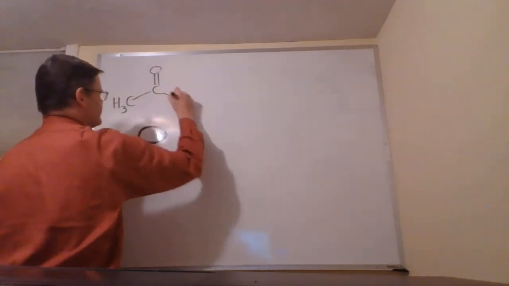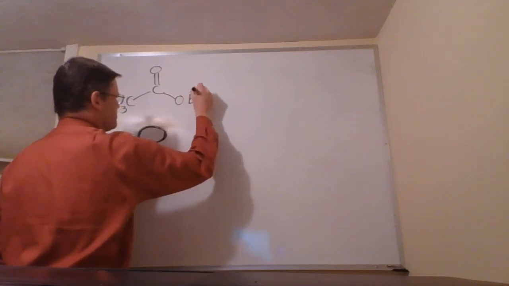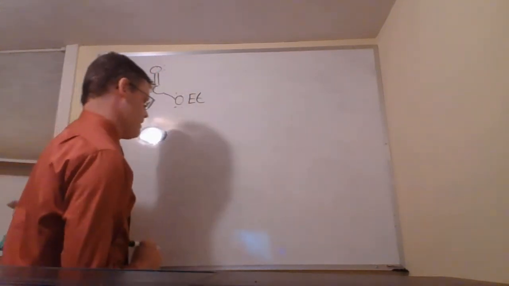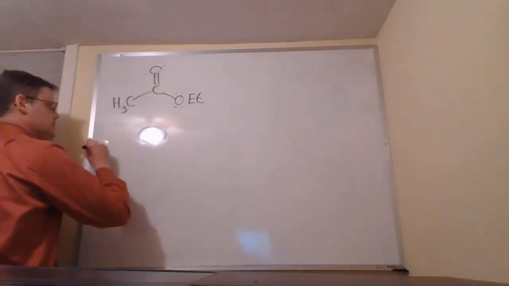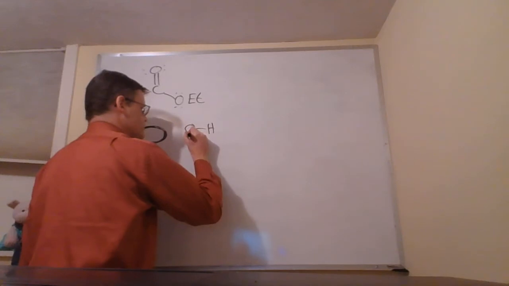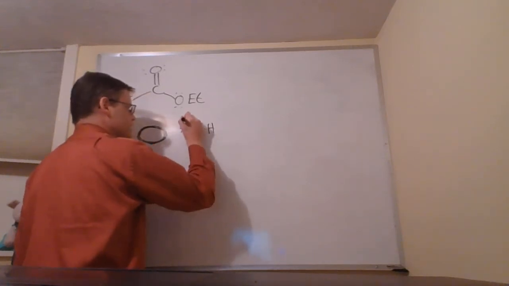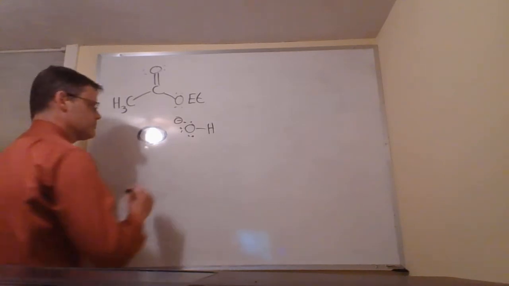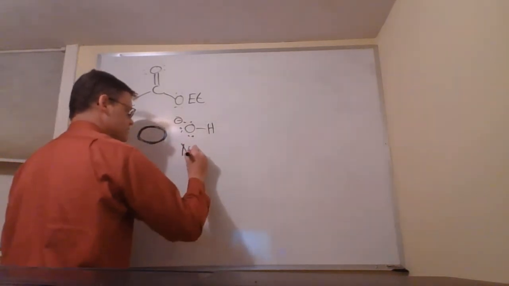All right, so we're going to start here with our ester, ethyl acetate. And we're going to need a lone pair nucleophile, which is hydroxide from the sodium hydroxide. Remember the sodium's just a spectator.